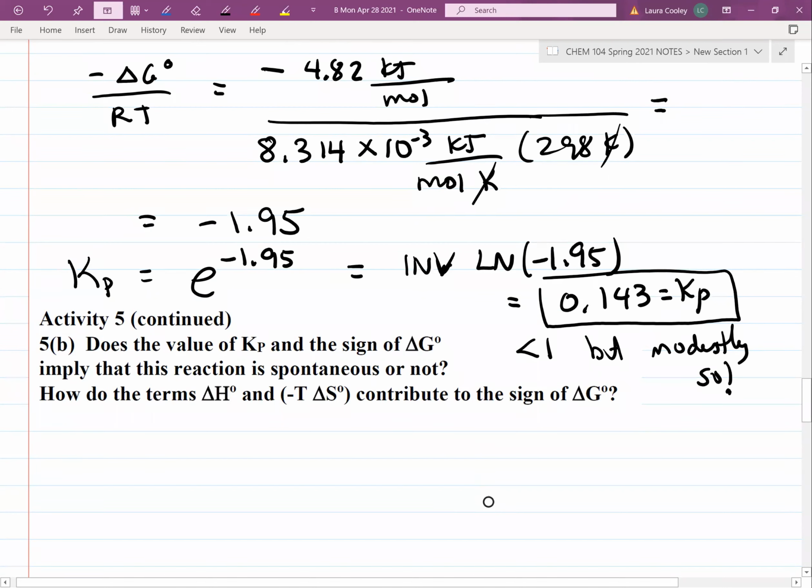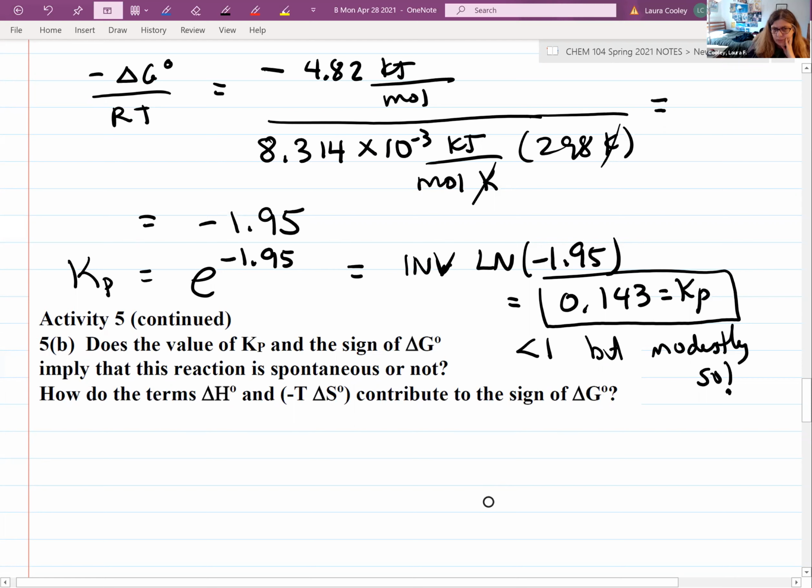Doesn't it matter that those units were kilojoules? The kilojoule units cancel here. Oh, okay. It does matter. I mean, if you used 8.314 without the 10 to the minus 3, then the unit on the bottom would be joules and not kilojoules, right? And then you would have mixed up units and you would get the wrong answer.